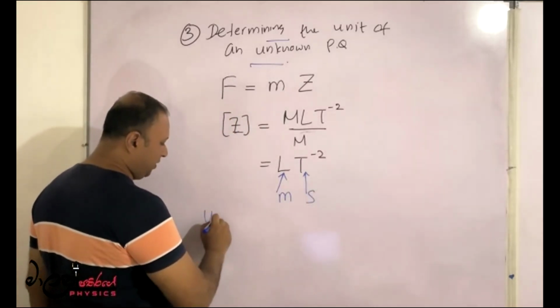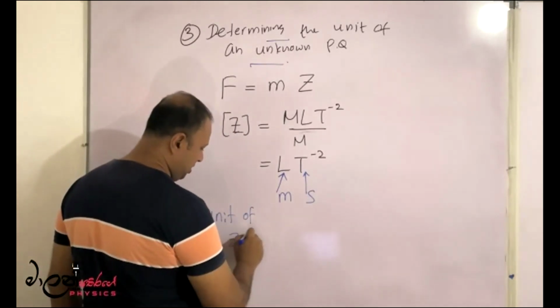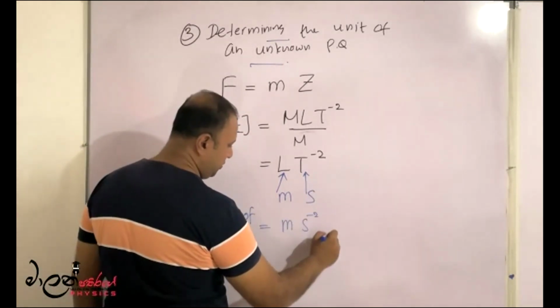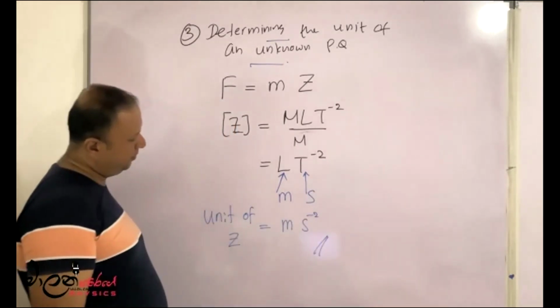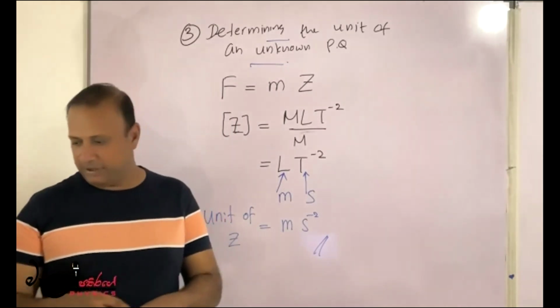Therefore, the unit of a is equal to m s minus 2. So this is very easy.